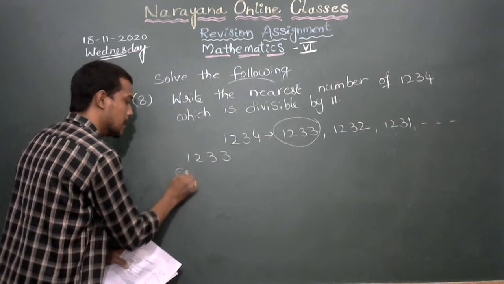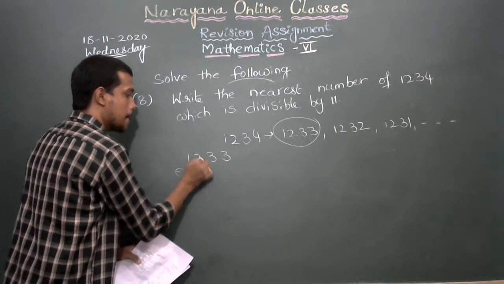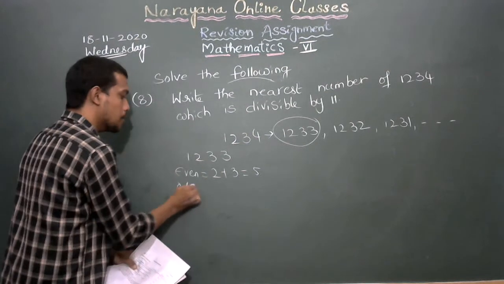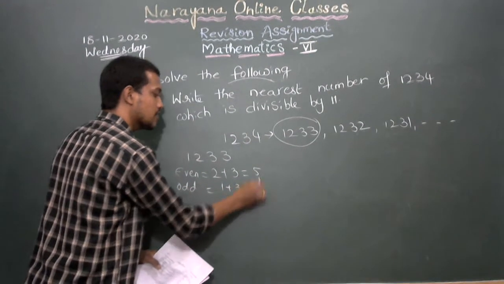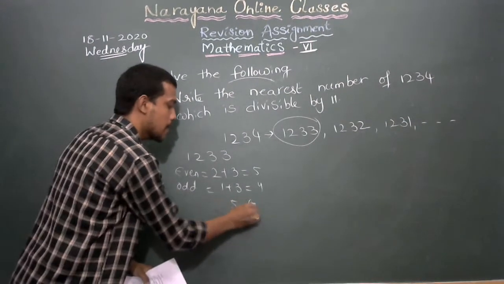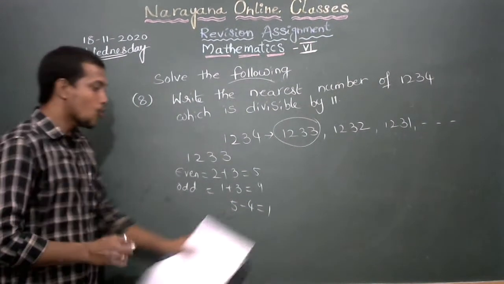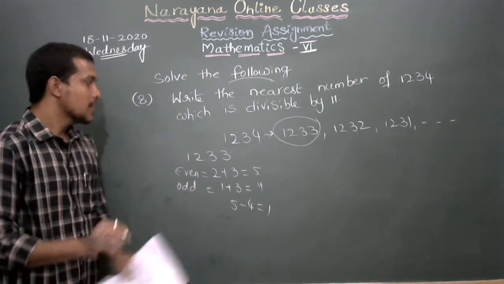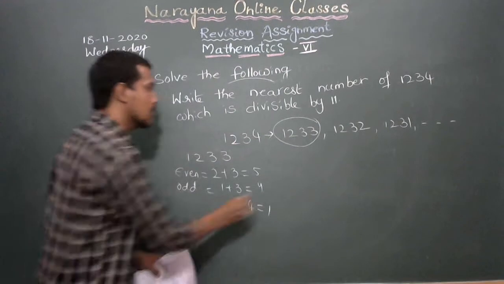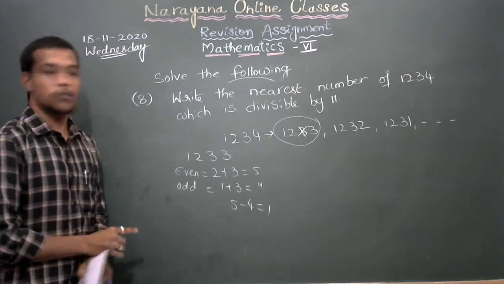So even places means 2 plus 3, which is equal to 5. Odd places means 1 plus 3, which is equal to 4. Now subtract the highest value minus the least value: 5 minus 4 is 1. So is 1 divisible by 11 or not? It is not divisible by 11. So this number is not divisible by 11.